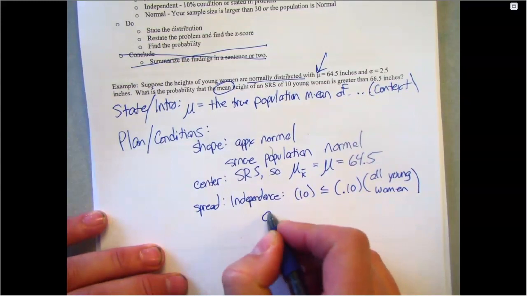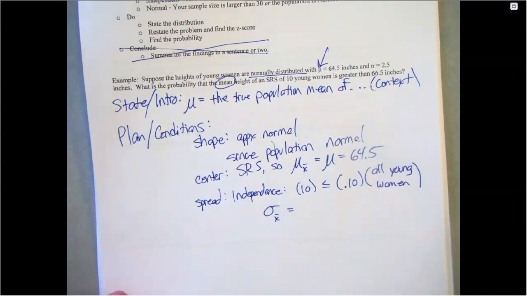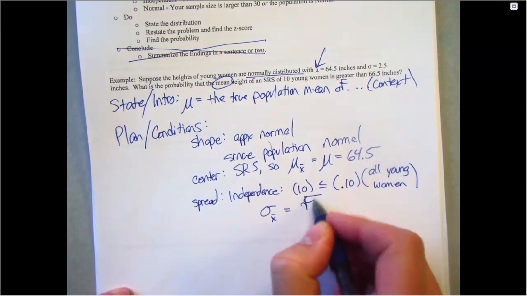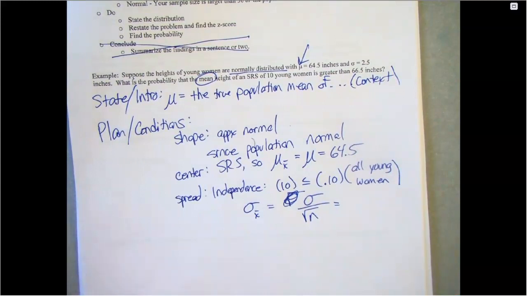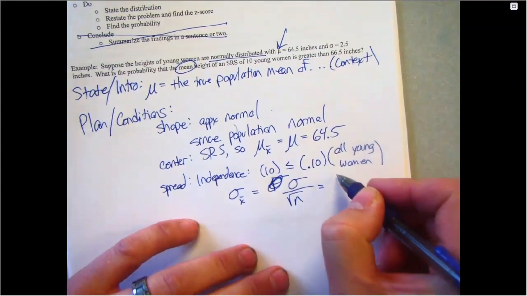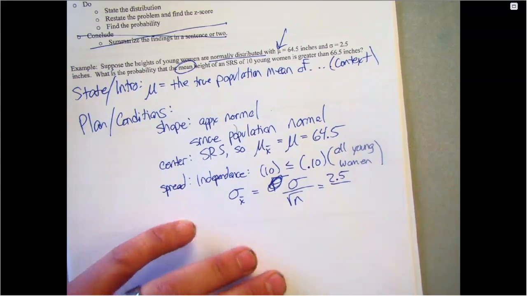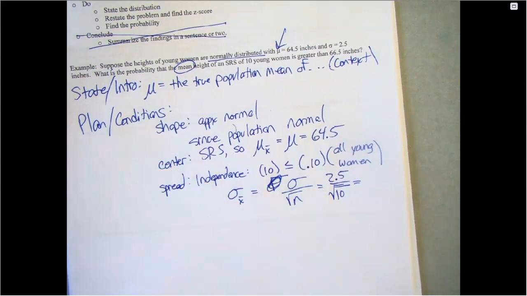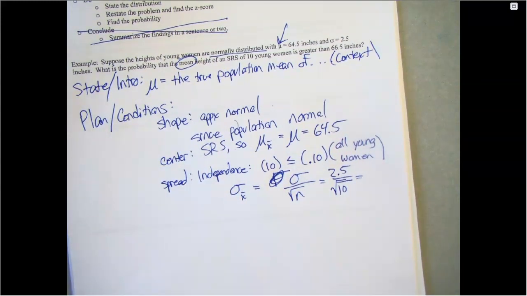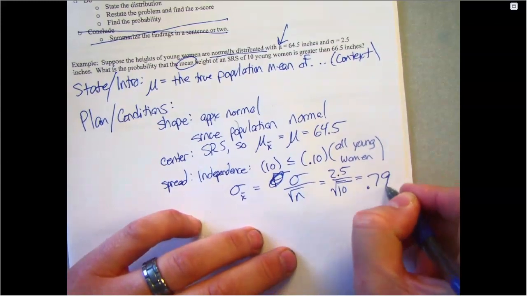That means the standard deviation of our sampling distribution is the standard deviation of the population divided by the square root of n. The standard deviation of the population is 2.5. I took a sample of 10. I'm just plugging my numbers into those spots and I can get the standard deviation, which is 0.79.